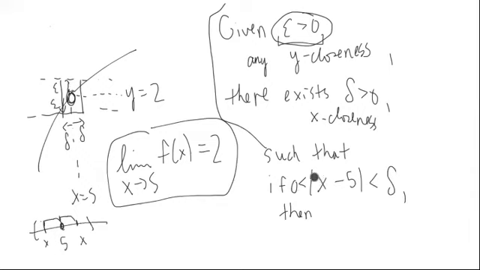Such that if this distance right here is between 0 and delta, these are strict inequalities, this means we are in the x closeness. So we start with given y closeness, there exists x closeness, such that if the x values are in it, then we have something about y closeness. Then we say we're in the y closeness.